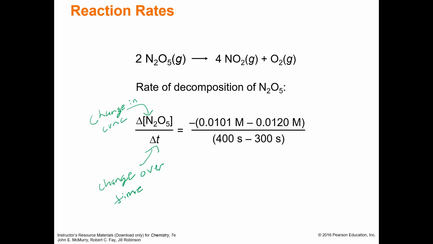And at 300 seconds, our concentration was 0.120 molar. If we look at the change in concentration and the change in time, that gives us the rate of decomposition of N2O5. And this is negative because our N2O5 is a reactant, so it is decreasing over time. That comes out to 1.9 times 10 to the negative fifth molar per second.